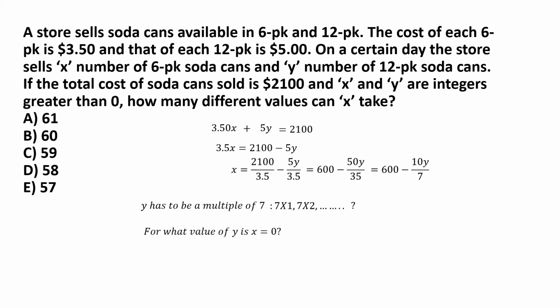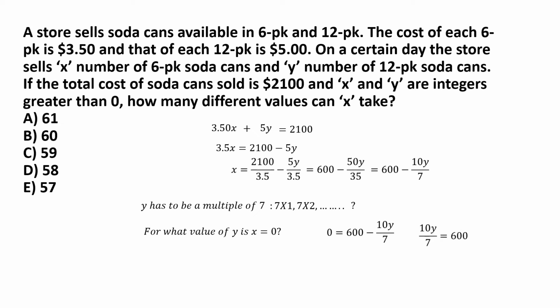So let's ask this simple question. For what value of y is x equal to 0? For that, we go back to that relationship between x and y, x equal to 600 minus 10y by 7. We plug in x equal to 0, and then we have 0 equal to 600 minus 10y by 7.